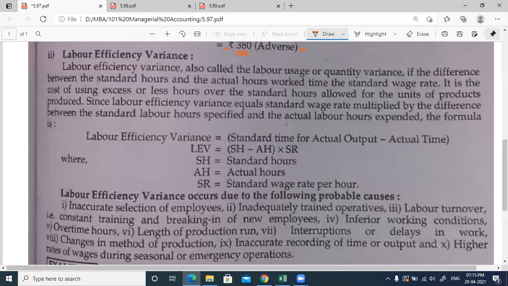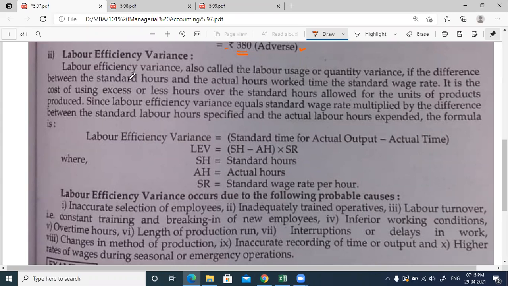Labor efficiency variance, also called the labor usage or quantity variance, is the difference between the standard hours and the actual hours worked, times the standard wage rate.